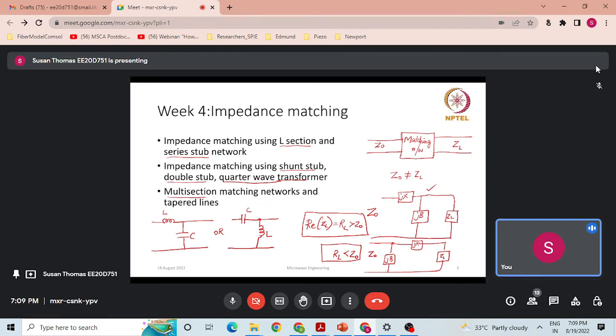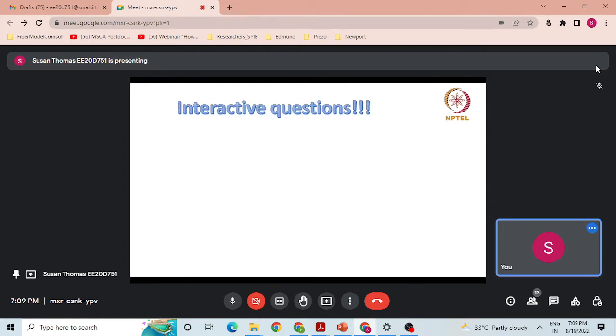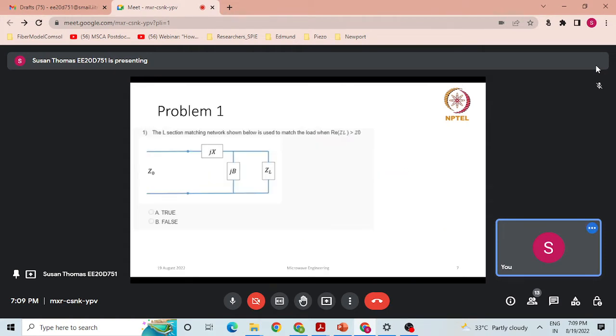So let us go into more of the numericals. Here the first question comes. The L section matching network shown below is used to match the load when the real part of ZL is greater than Z0. Is this true or false?